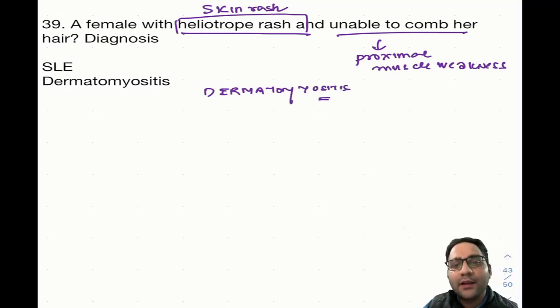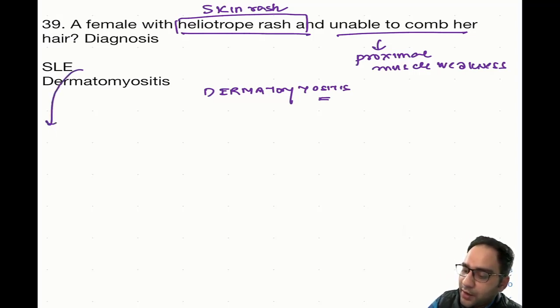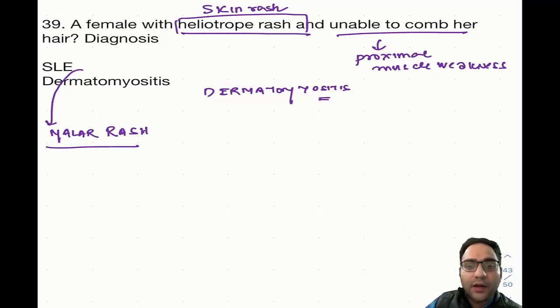In SLE also you can have a rash with proximal muscle weakness. But remember, in SLE what you have is a malar rash. In dermatomyositis you have the heliotrope rash.